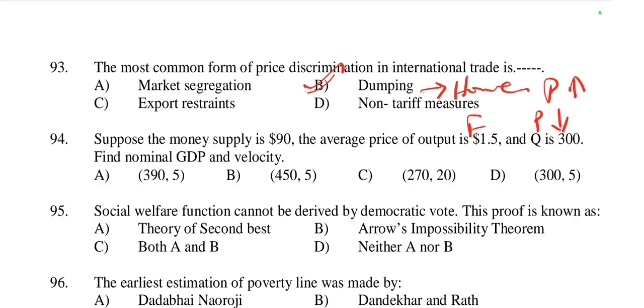When a new firm enters the foreign market, it has to establish its brand name, so it sells its product at a lower price to overcome competitors and create its brand name. So dumping is the common form of price discrimination in international trade. So B is the right option.